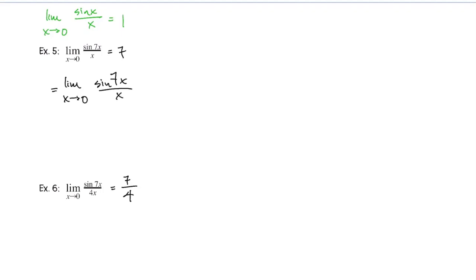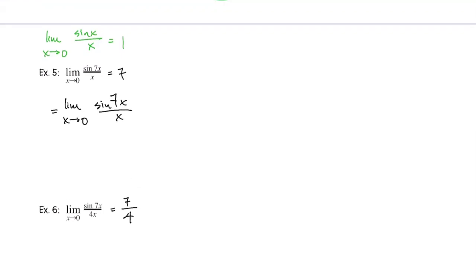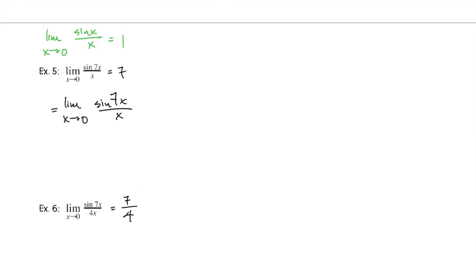What can I include in here to make it look exactly like sine x over x? It looks almost the same, right? But what could I include in the expression to make it more similar to the expression in the green?